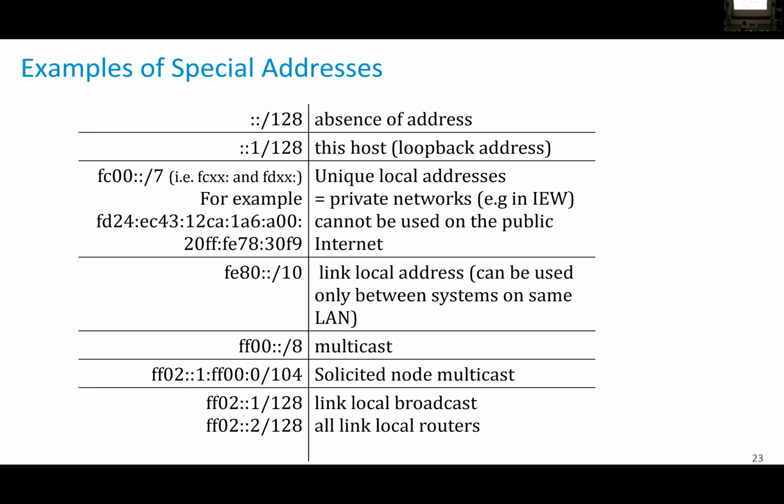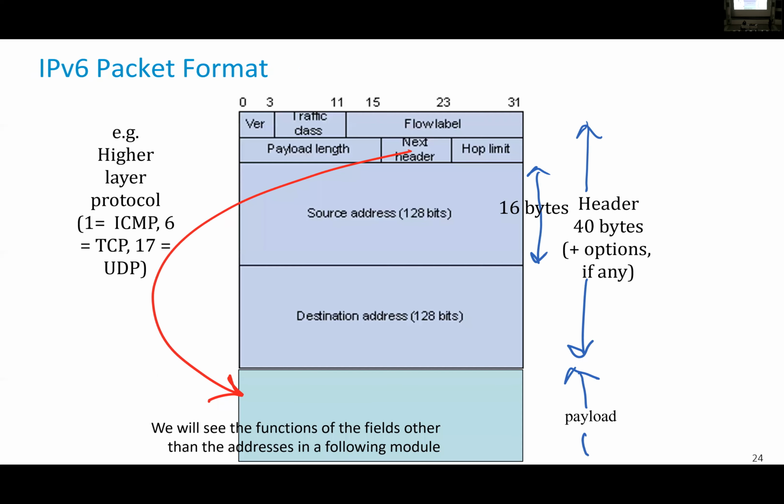So I'm sure it will not be forwarded by routers. And second, it will be received, read by somebody who is a router or pretends to be a router. So this is, as you can imagine, used for discovering. For example, when a machine boots, it wants to know what are the routers that are available in my local area. Then you can use this address to contact such systems here.